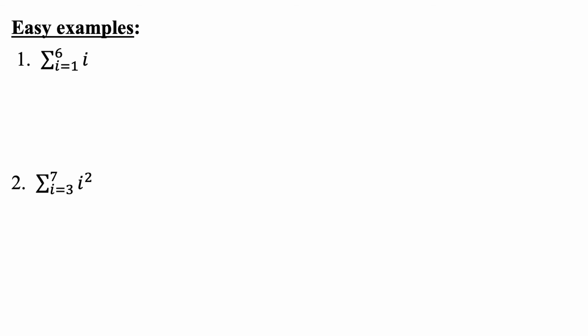All right, so we're going to begin with a couple of easy examples, and I'll just put easy in quotes. When we call them easy, I mean the values are small enough that we can just go ahead and add them. So for the first one, we have the sum from when i equals 1 until 6 of i.